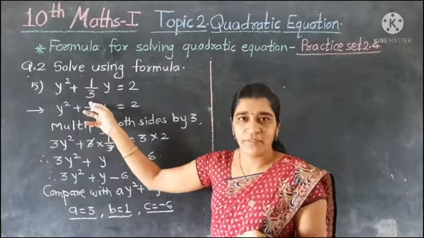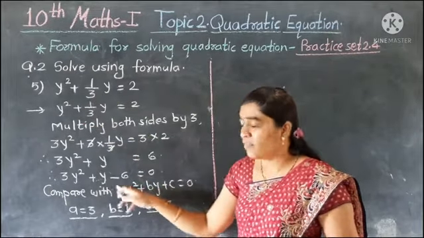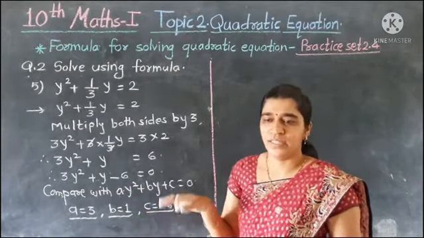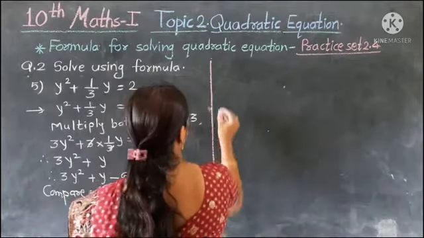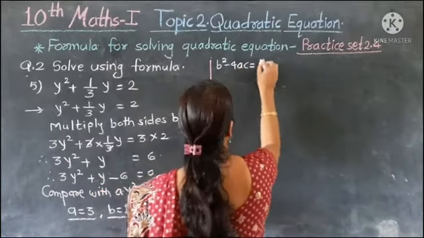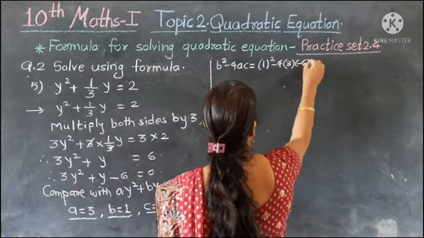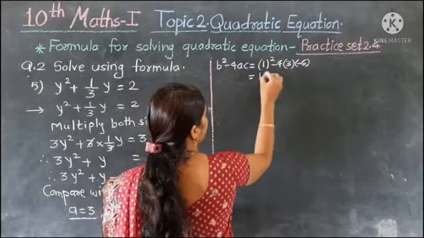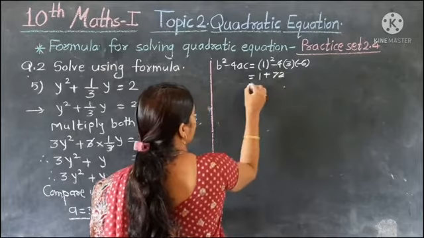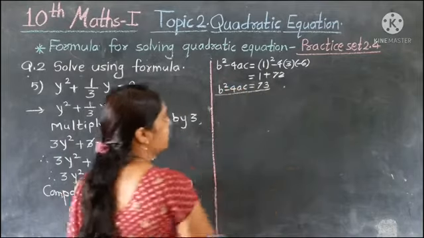So if the given equation is not in standard form, that is general form, make it in standard form first and then, by comparing, find the values of a, b, c. Now we find b square minus 4ac. b square minus 4ac is equal to, what is b? 1, minus 4 into a, 3, into minus 6. So you get 1 plus 4 3s are 12, 12 6s are 72, that is 73. b square minus 4ac, we get 73.